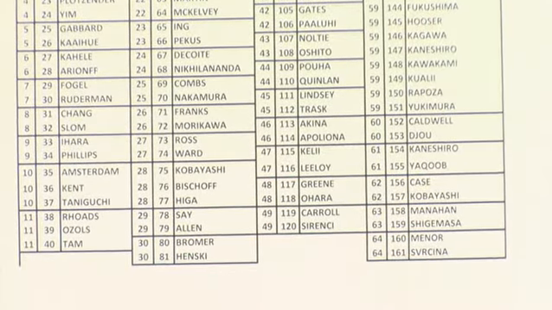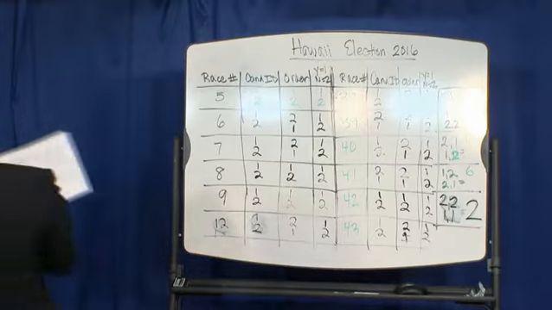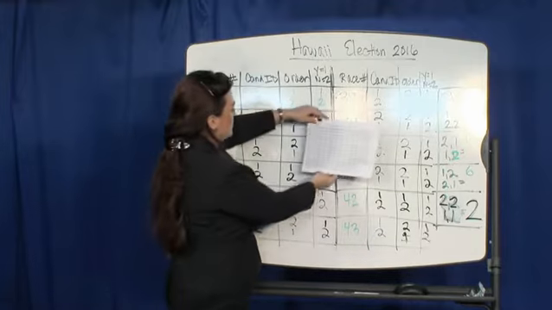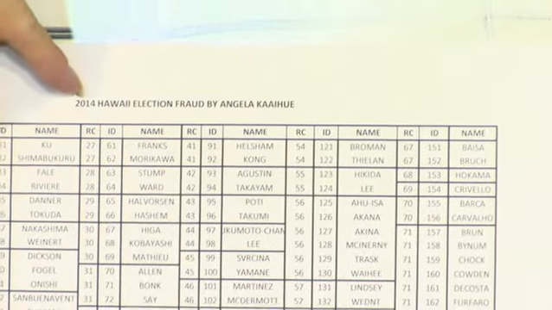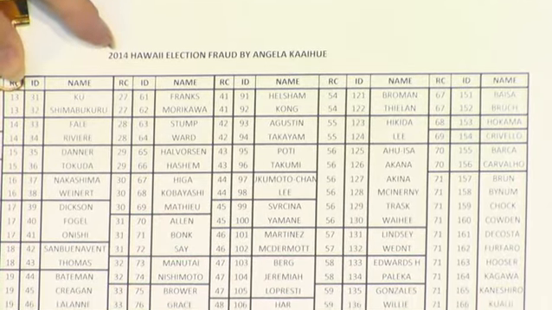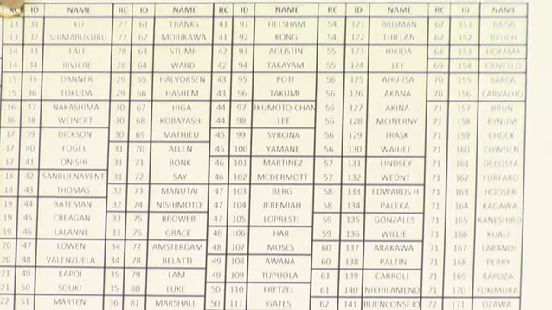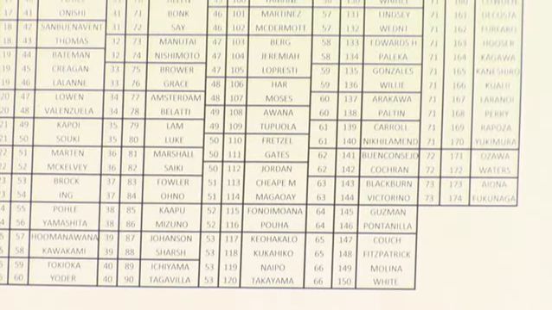This compared to, let me show you another one. Here's 2014. This is 2014, a list of names and their ID numbers in alphabetical order.